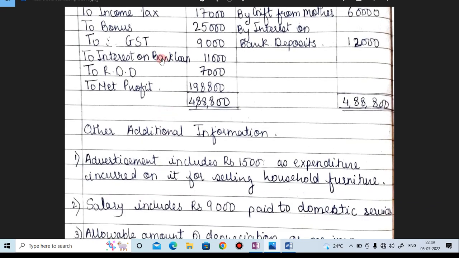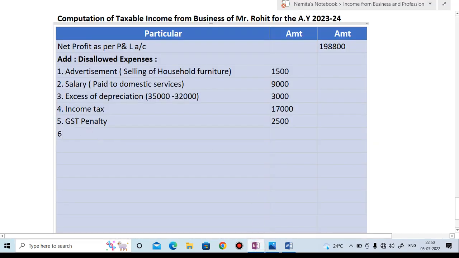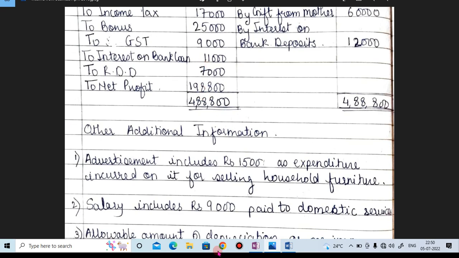If there were information that the bank loan is used for business purposes, then we would not take this as disallowed expenses. Here there is no information provided, hence we are taking this interest on bank loan 11,000 as disallowed expenses. Interest on bank loan amount is 11,000.